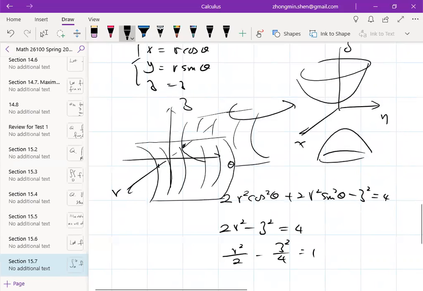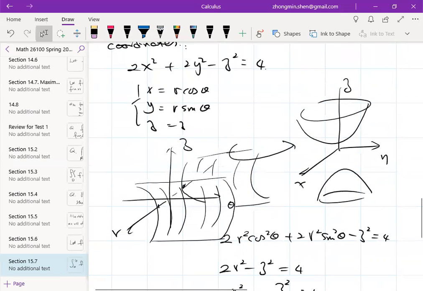Can you visualize? Two sheets like that. They're hyperbolic sheets, and there are two pieces. Those two pieces are sent by the above map to two surfaces like that above.